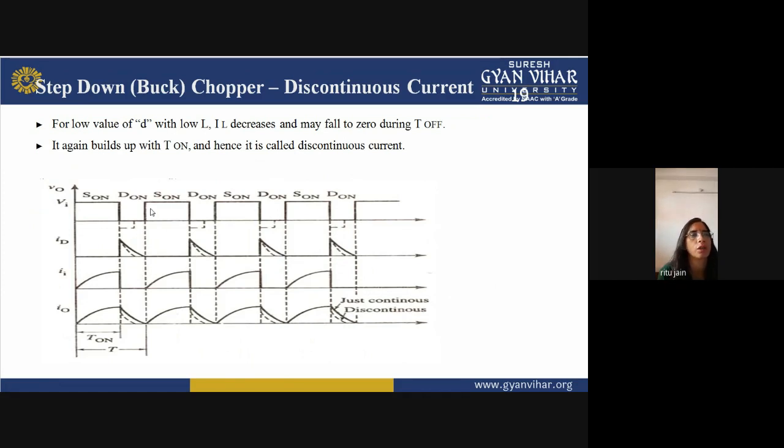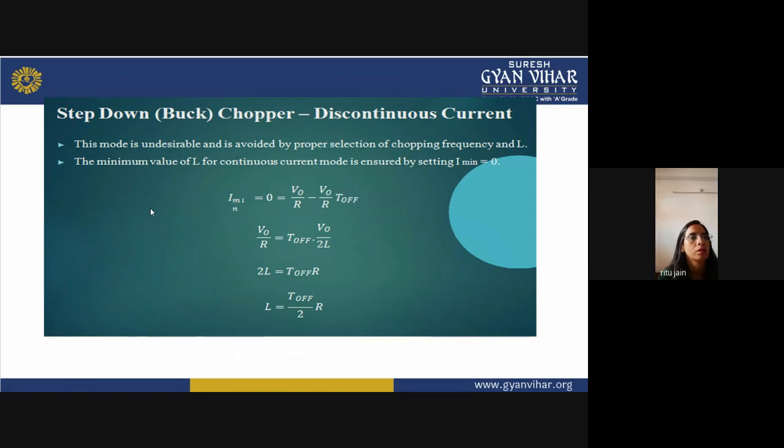So this is called your discontinuous mode. This is your step down chopper in discontinuous mode, and these are the waveforms.